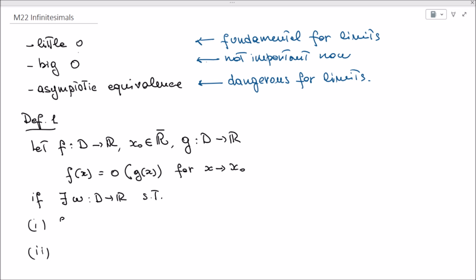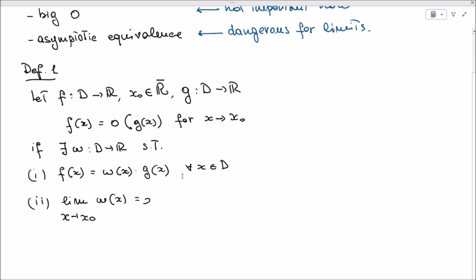First condition is that we can write f of x as omega of x times g of x for every x in the domain D. Second is that the limit of omega of x when x tends to x naught is equal to 0.